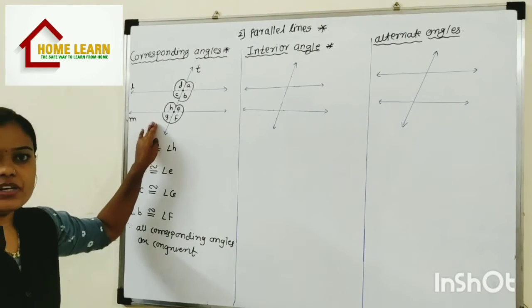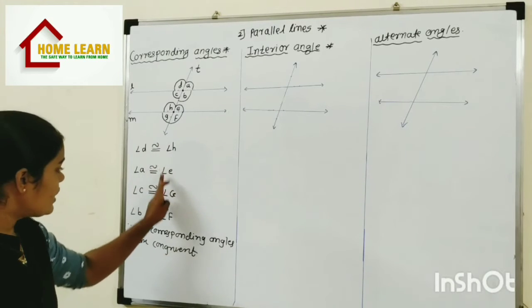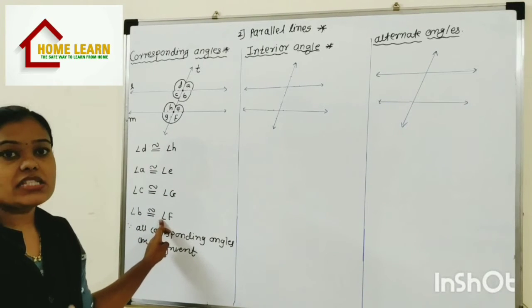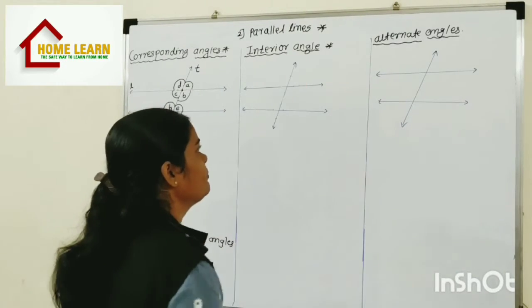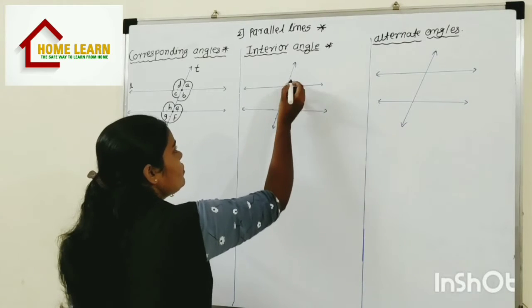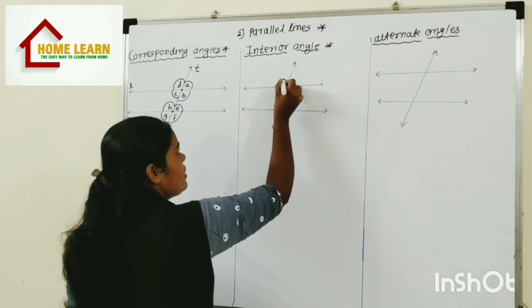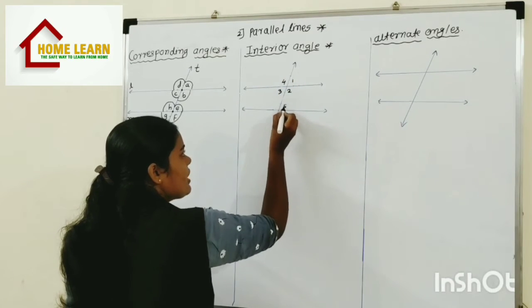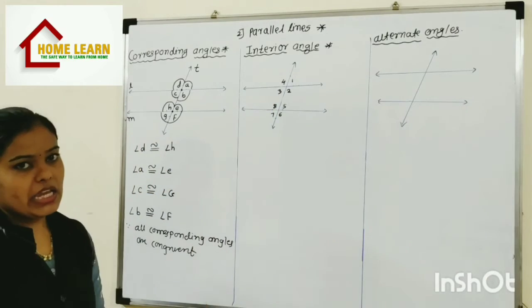If in a given figure one pair of corresponding angles is congruent, then the remaining pairs of corresponding angles are also congruent. Let's see interior angles. First, I am going to make different markings: 1, 2, 3, 4, 5, 6, 7, 8. These are again 8 angles.